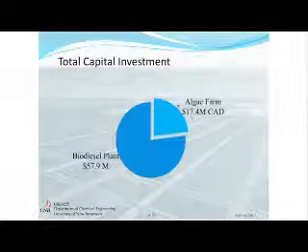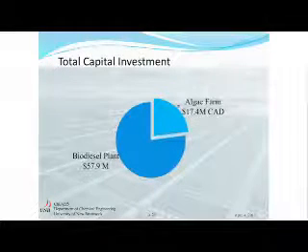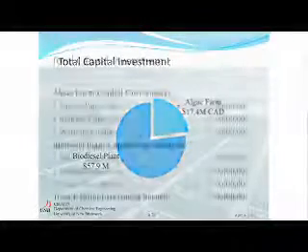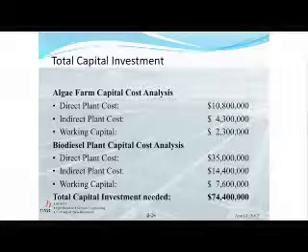So I'm going to talk about the total capital investment for the proposed plant. The total capital investment is divided into two sections, the algae farm and the biodiesel plant. The capital investment for the algae farm is divided into direct cost, indirect cost, and working capital.